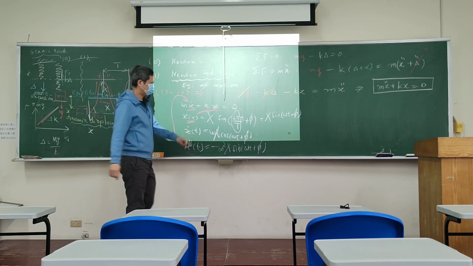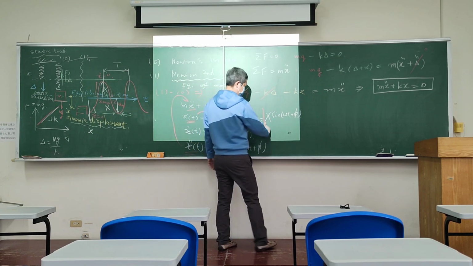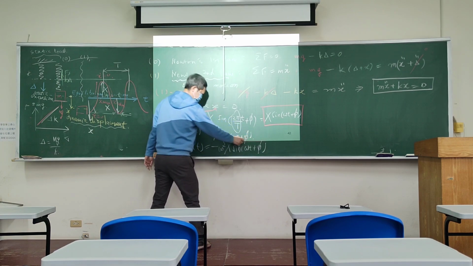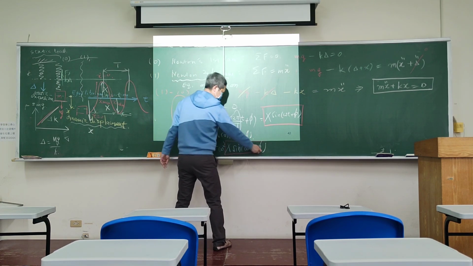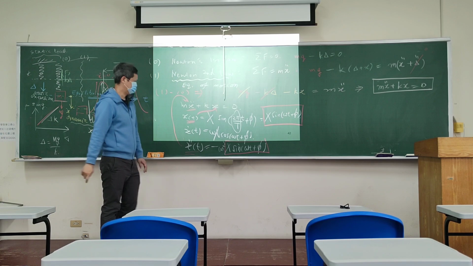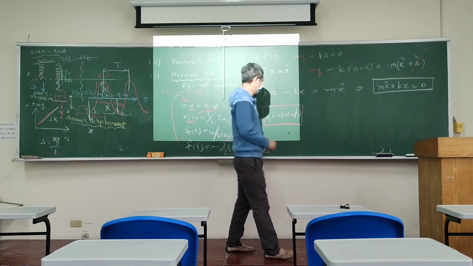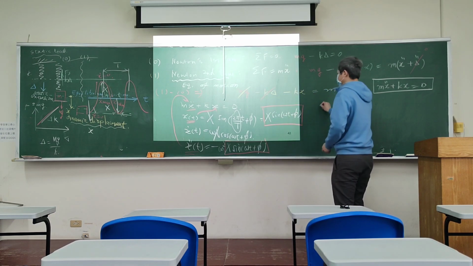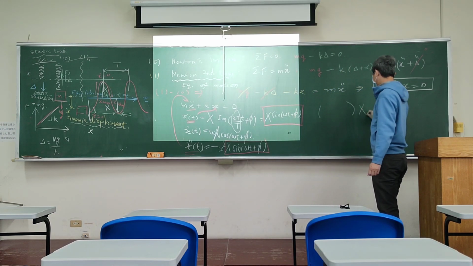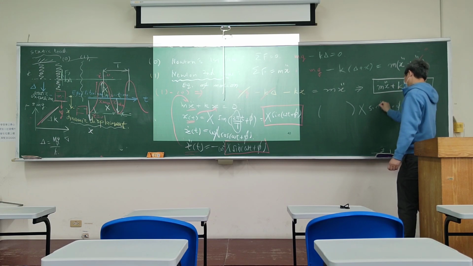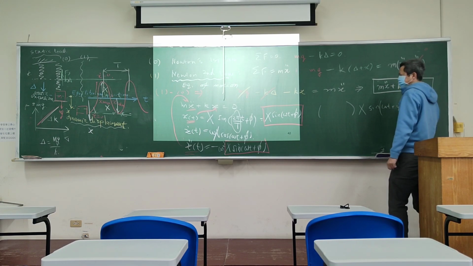What is common between the acceleration term and the displacement term is the amplitude times the sine function. As a result, when simplifying, you can take out capital X sine omega t plus the phase, and the right hand side is 0.